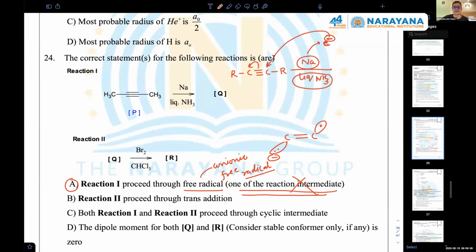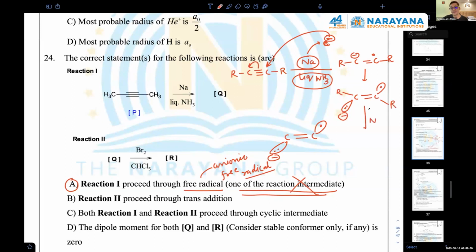When the pi bond shifts, it becomes RC minus, double bond, C radical and R. This is called an anionic radical. How does this radical anion exist? They should be in the opposite direction to avoid repulsion between electrons.